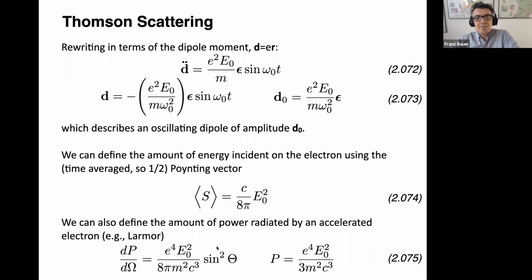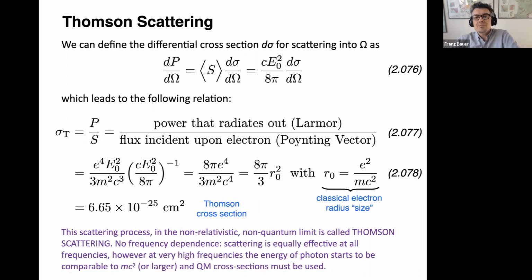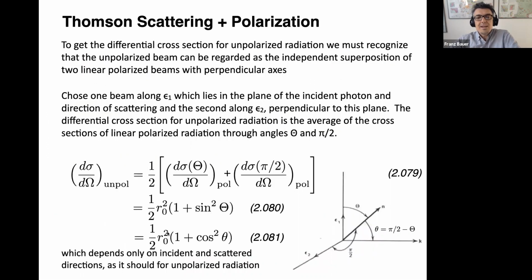Right, so we have this thing, and we can actually substitute back in our classical electron radius for e squared divided by mc squared. And so we end up having this cross-section is related to our radius squared times this component here.